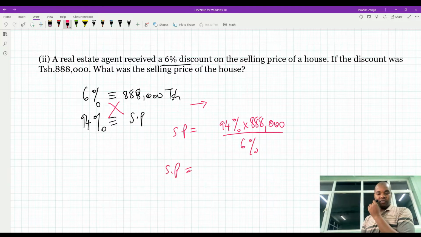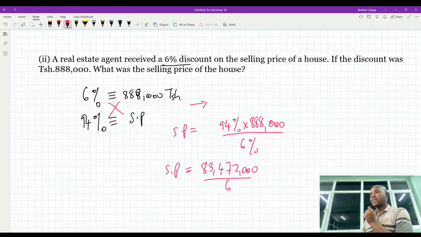So when you multiply 94 times 888,000, you get 83,472,000.